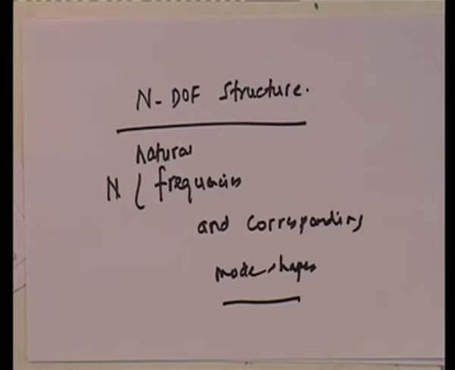Now, so if I have an n degree of freedom structure, I have n natural frequencies and corresponding mode shapes. Okay. And you know, we have to solve the eigenvalue problem. I'm going to start solving the eigenvalue problem. How to solve, we will solve examples in the next lecture.